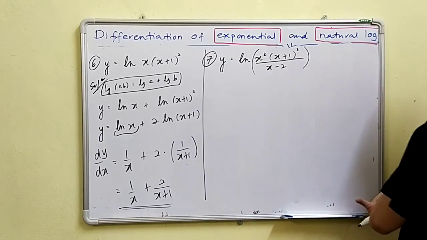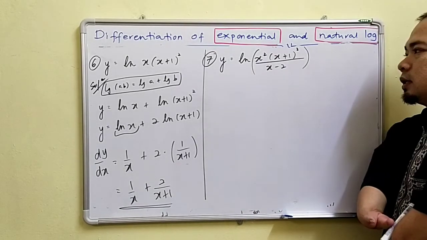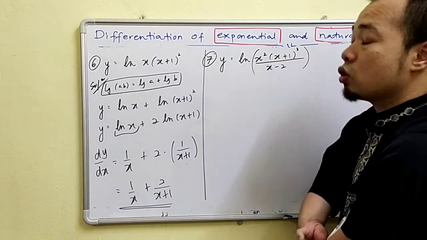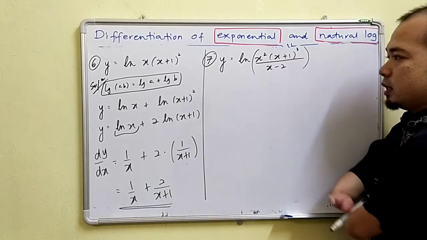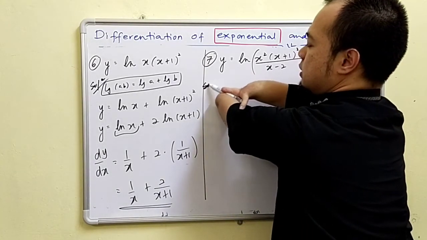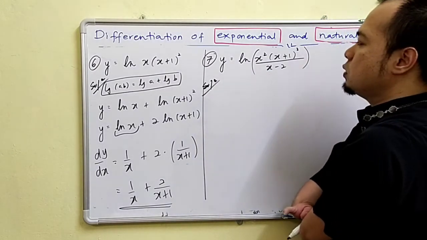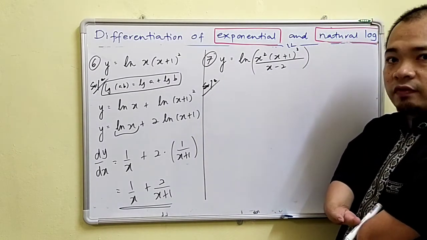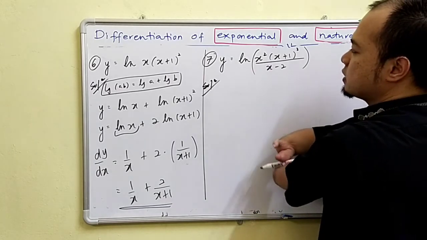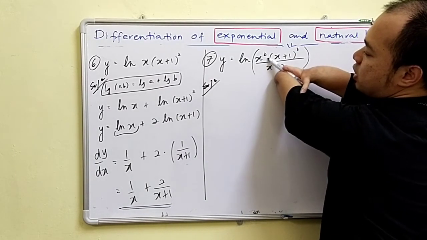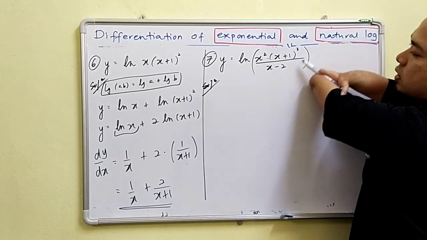Okay, interesting. Now more complicated, but actually it's not complicated. How to find dy over dx for this case? What you need to do is simplify first. Now I have multiplication, I have division.